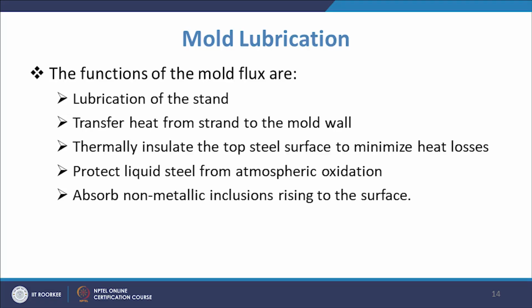Then the functions of these mold fluxes are that there will be lubrication of the strand, then you transfer heat from the strand to the mold wall, and thermally insulate the top steel surface, protecting the surface from atmospheric oxidation, as we have discussed. Many times it will also absorb the inclusions, because if inclusions go up, that powder will attract those inclusions.